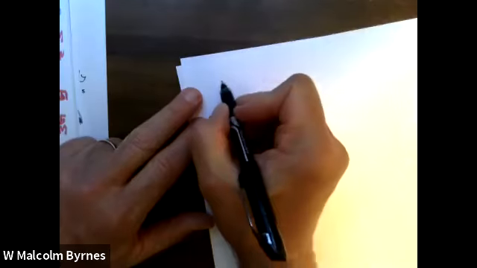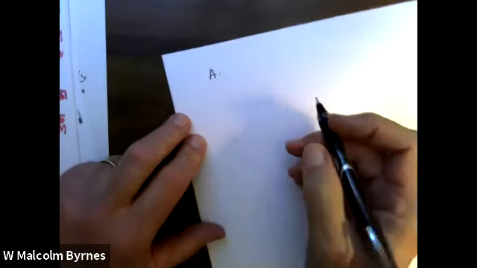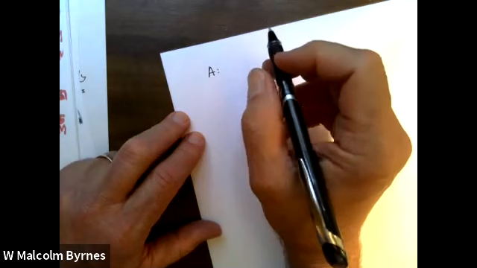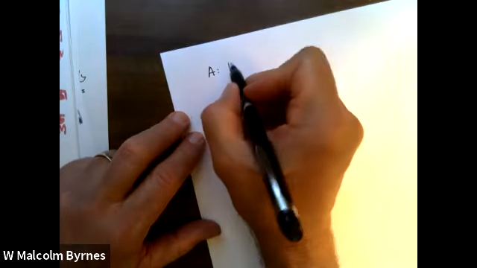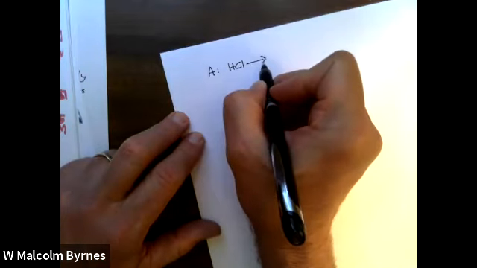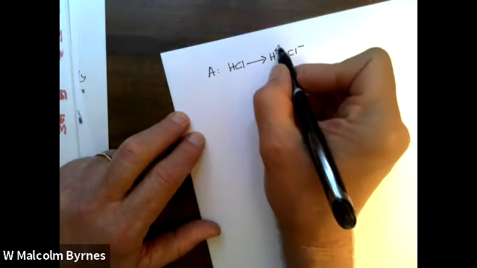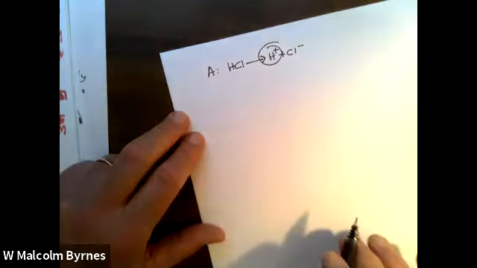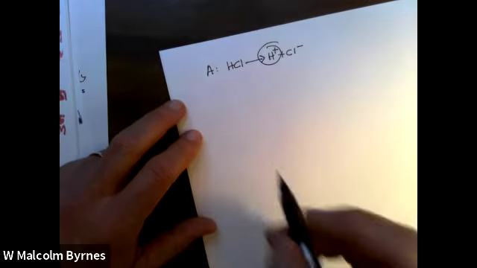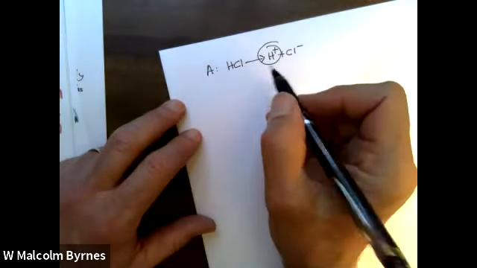Start with point A. At point A, what do we have? All we have is the hydrochloric acid. We know that hydrochloric acid, when it gets in solution, is just going to ionize completely. And so we want to know, what is the concentration of hydrogen ions? Well, it's the same as the concentration of the acid, 0.1 normal.